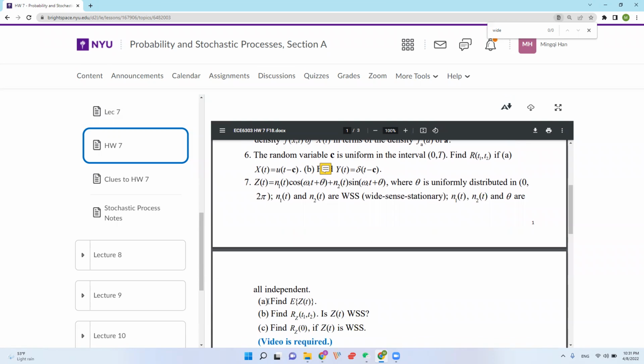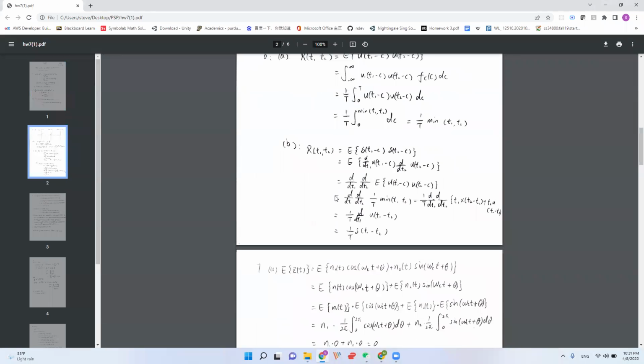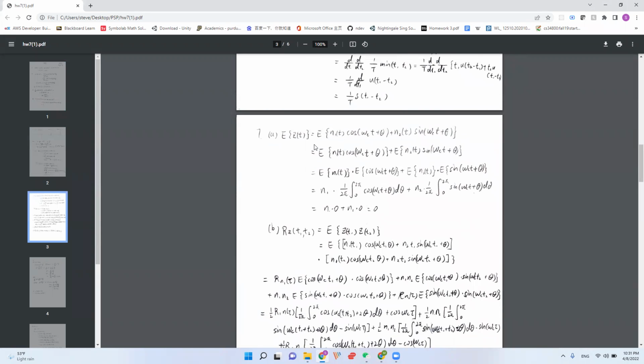For the first question, we are asked to find the expected value of Z(t). This is pretty easy to solve. You just plug Z(t)'s equation in and solve it. Here is my solution for question 1: plug in that equation and do some separation.